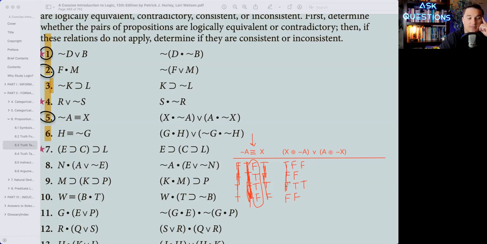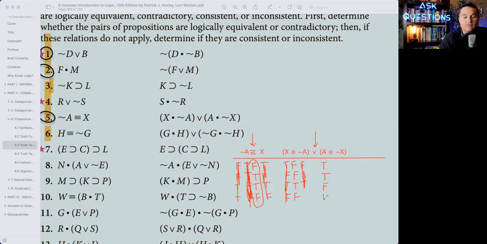And so now we can kind of ignore this, and we can kind of ignore this. And so this disjunct, this is the main connective, by the way, the main operator. The left disjunct of it has these truth values. And for the right disjunct, A, that's the TTFF pattern.